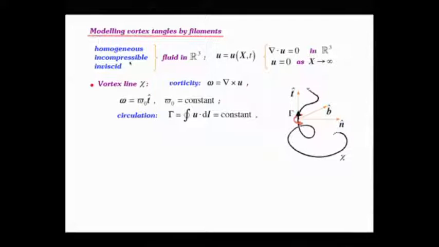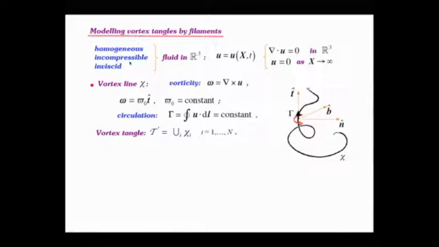Circulation in a quantum fluid is quantized, so even better, we can take the circulation, which is constant in ideal fluid mechanics, as set to 1, and just disregard it in a sense. I will keep it formally present here and there just to keep track of it for a number of reasons. So my vortex tangle is just the union of these filaments.